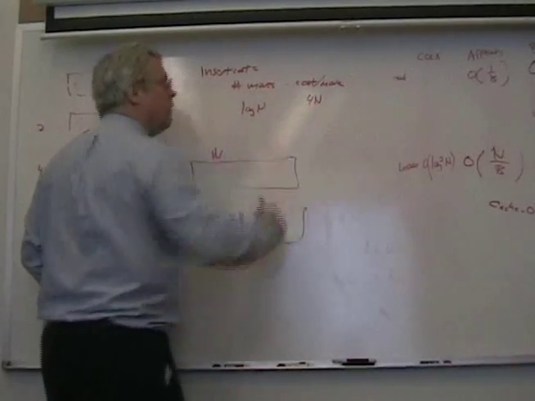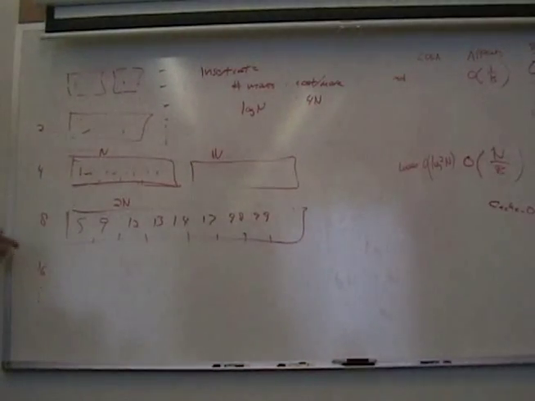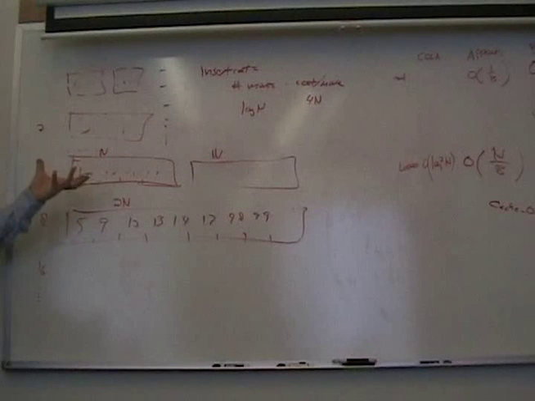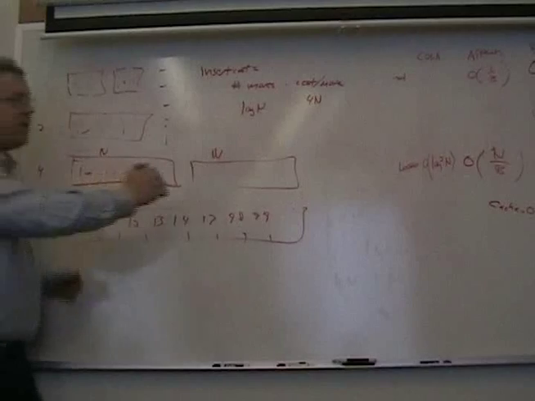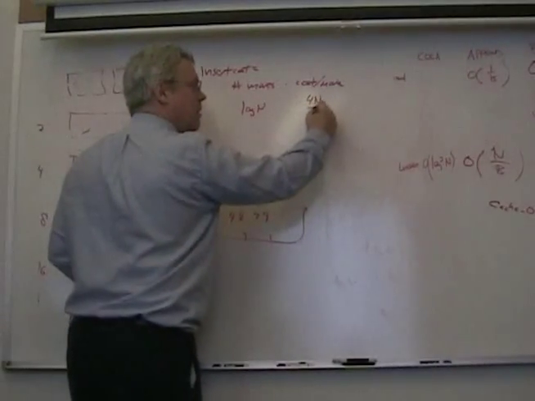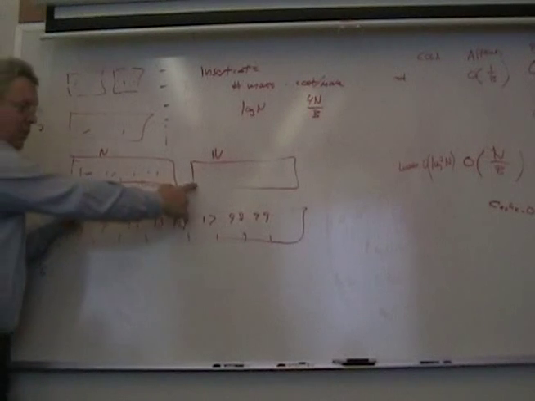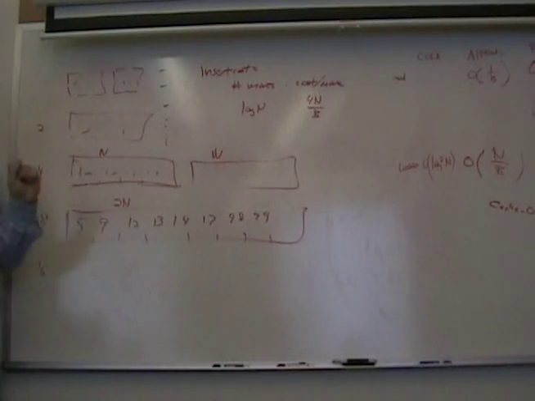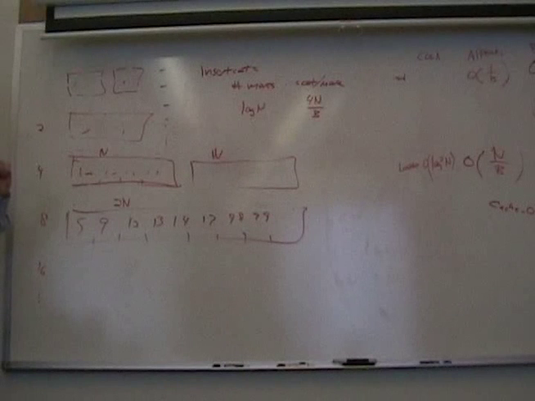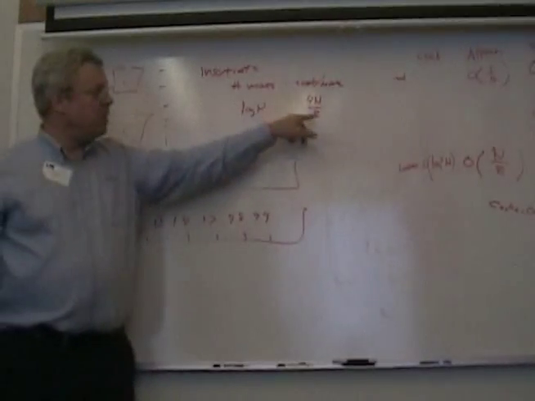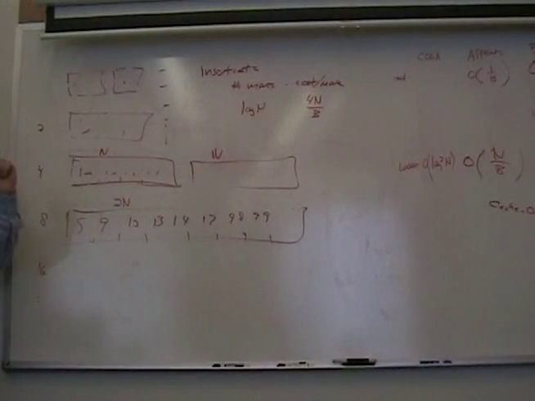Except that each time it's really 4n over B, because I don't actually have to do a disk I/O except one every B items. That's the cost of the merge, 4n over B.